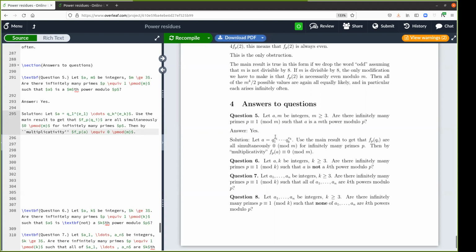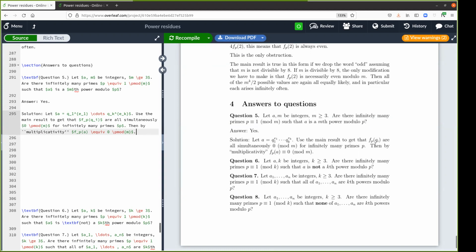So the idea is that we prove that for infinitely many primes p, all of the primes qi are simultaneously mth powers modulo p. And that of course suffices because the product of mth powers is also an mth power. And we get this result by the main result directly.